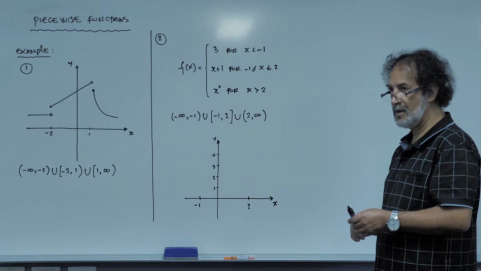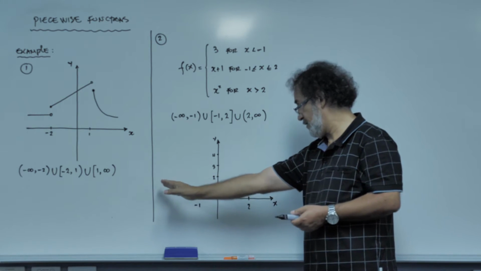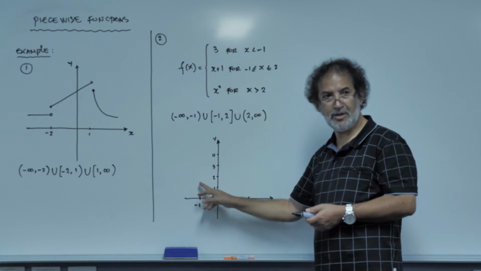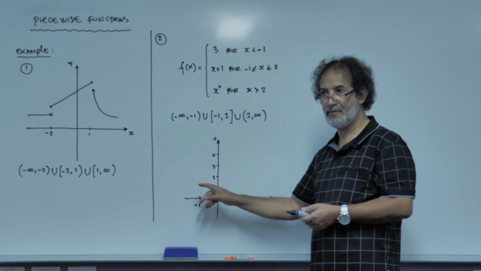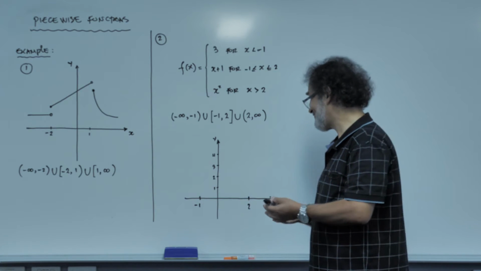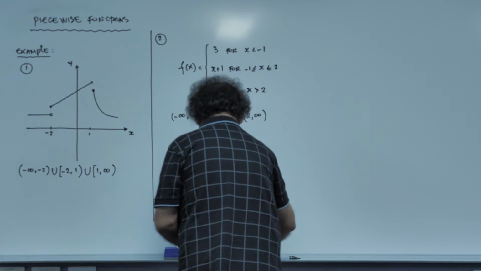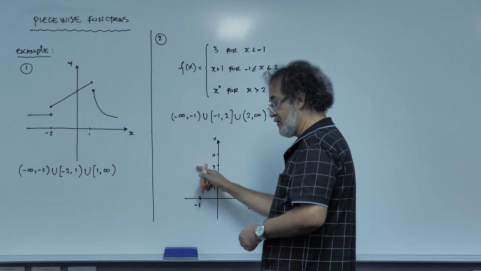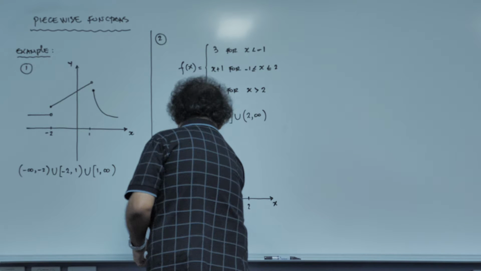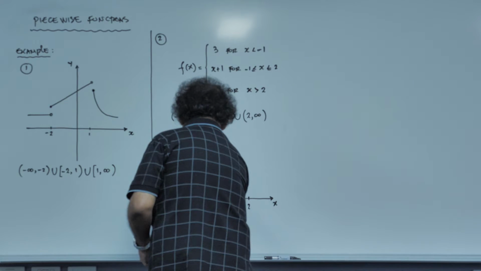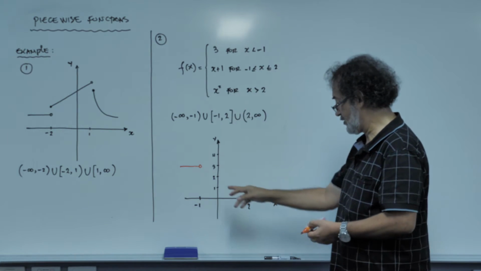The function will behave like this all the way from -infinity up to, but not including, -1. So all the way from -infinity up to, but not including, -1, the function is equal to 3. Do you understand that?